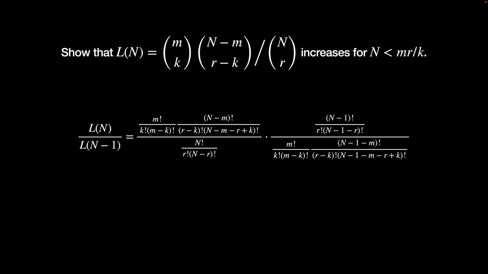And then you'll also see that we have n minus 1s that are pretty similar to our n's, right? And in that case, we can just keep the n version, the one that's 1 larger, and remove the factorial entirely, right? So what we end up getting is all on our left-hand side of this fraction: n minus m divided by n minus m minus r plus k, and that whole fraction divided by n divided by n minus r.